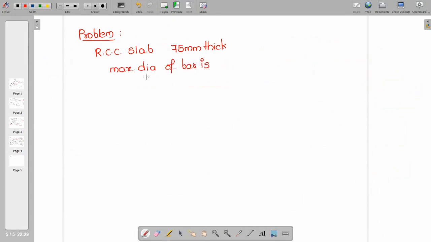Maximum dia of bar is: A 12 mm, B 10 mm, C 8 mm, and D 6 mm dia.